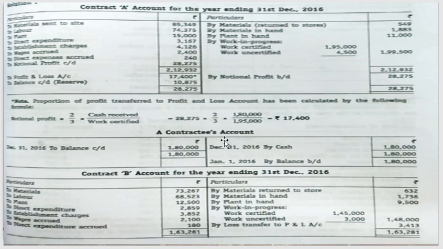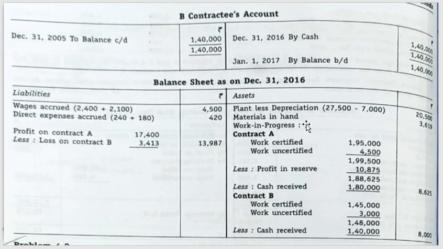How did we get 10,875? In your contract A we have the notional profit which has been sent to reserve, 10,875. So we will minus that reserve of 10,875, and the balance we will get is 1,88,625. From this balance we will minus the cash received amount too. Then the balancing figure will be the amount which is being kept, which is an asset to the firm.